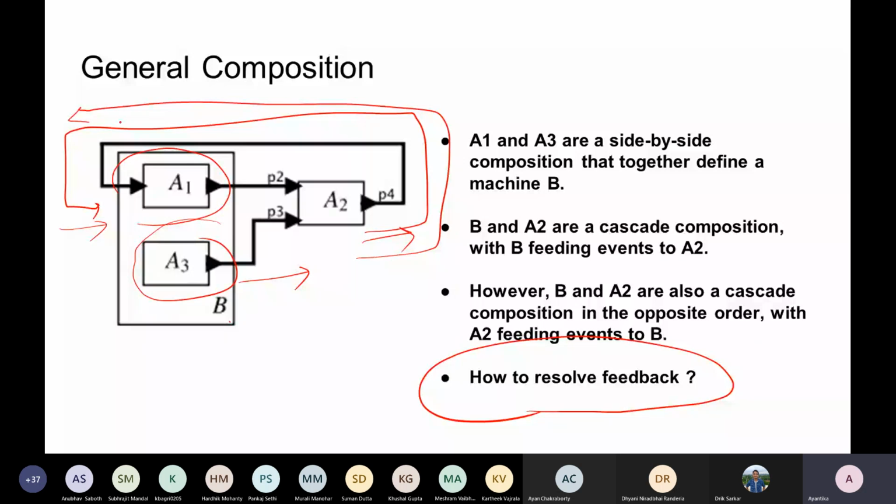I am receiving one signal, and based on that, I am defining the transition conditions. So how I will combine the concept of a time continuous signal in my FSM, we will come into that. Maybe from there you will get the idea of how to resolve feedback also. Okay.